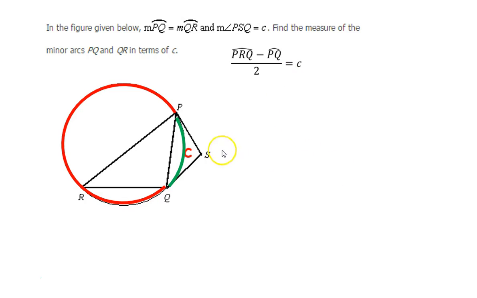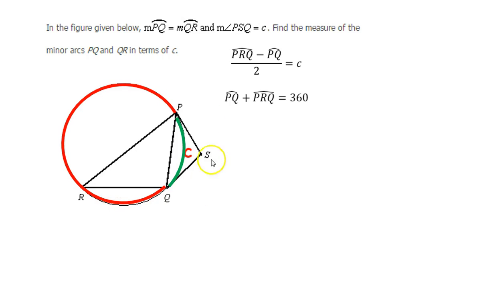Well, we also know, if we look at the picture, that the entire circle is accounted for here. We have P, R, Q, and then we have Q back to P. So if I take the red arc and the green arc and add them together, I'm going to get 360, because there are 360 degrees in a circle. So we know that arc PQ plus arc PRQ is equal to 360.